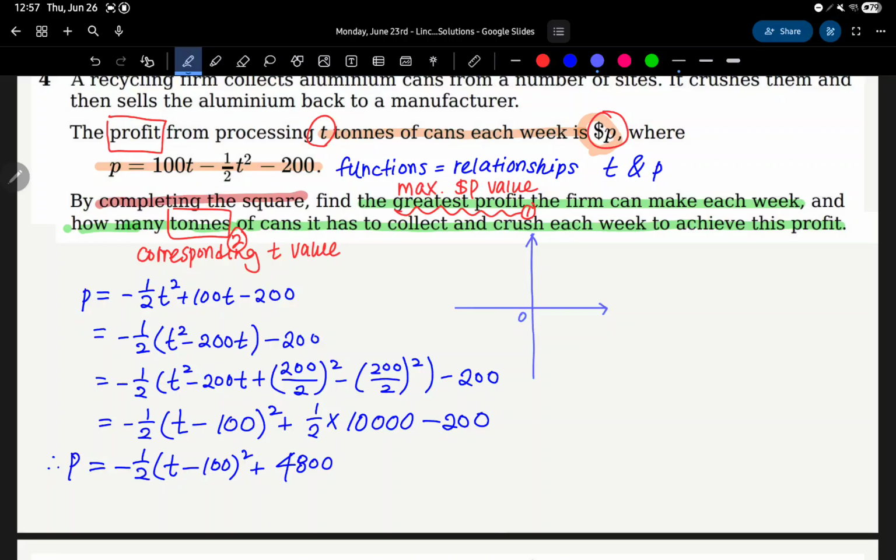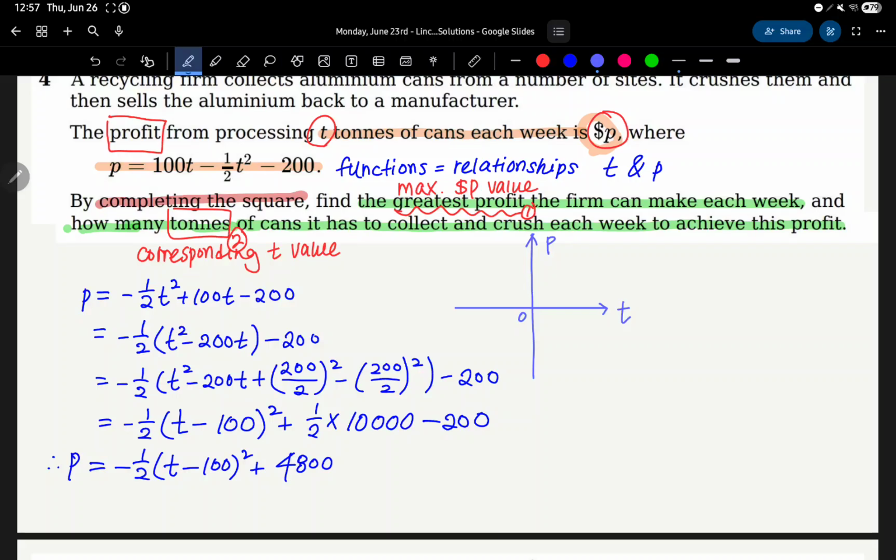Look at the relationship here. When the t value changes, the p value changes correspondingly. So we put t here and p here, because every time t changes to a certain value, the p value changes correspondingly.